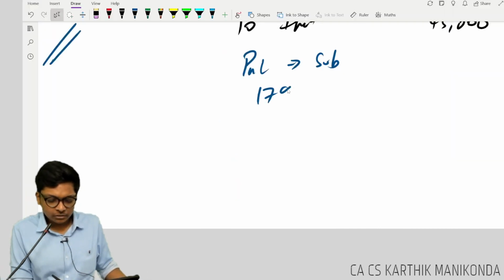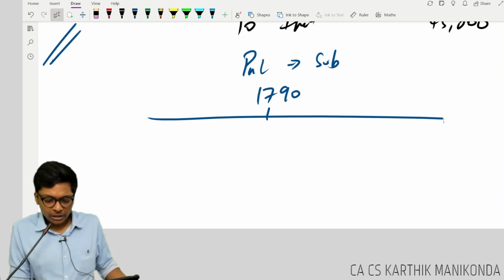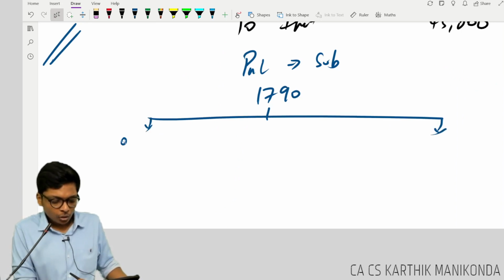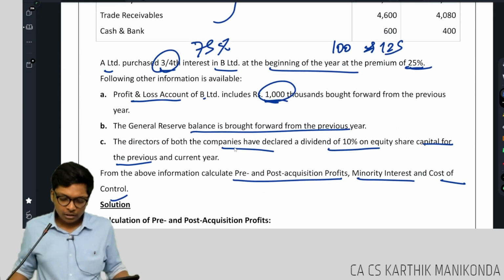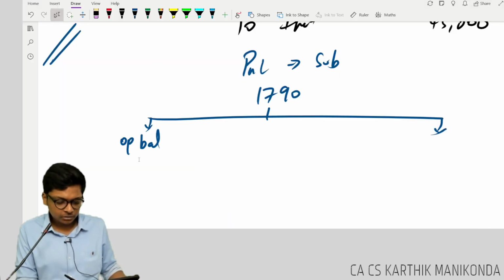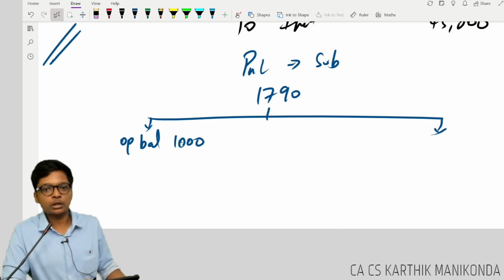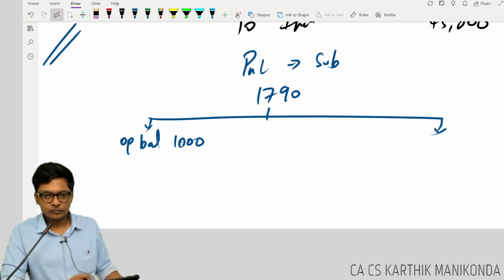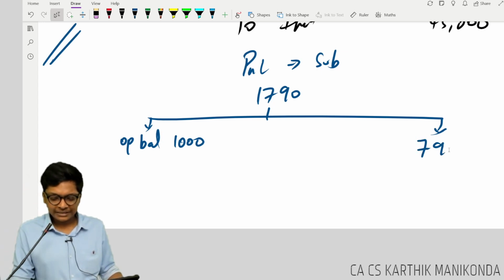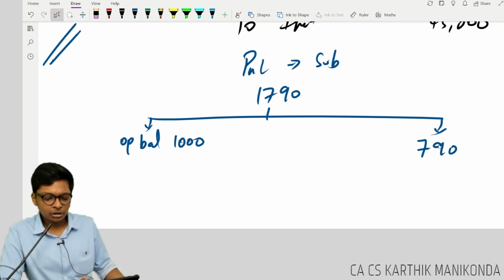So 1790 in this, opening balance P&L brought forward is 1000. Are you following guys? So what is current year profits? 790. But it's not that easy.